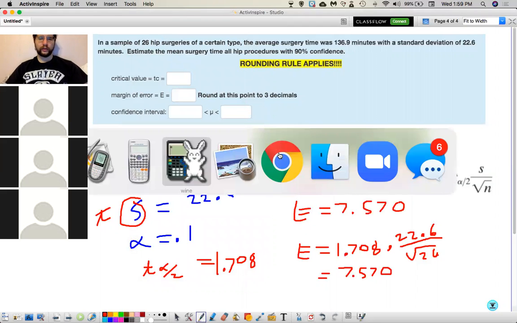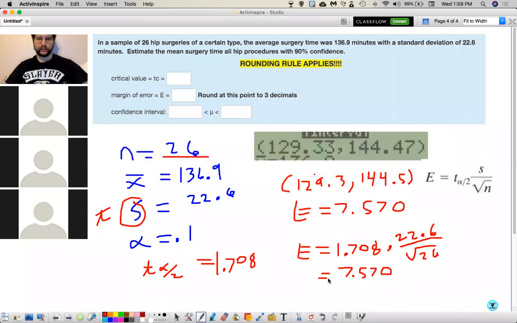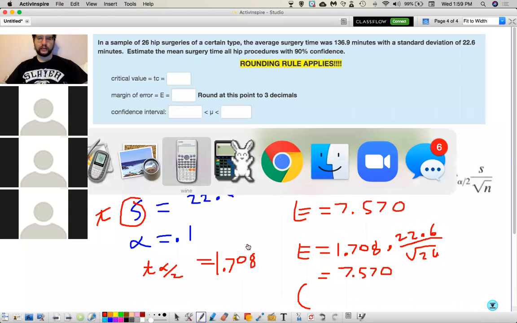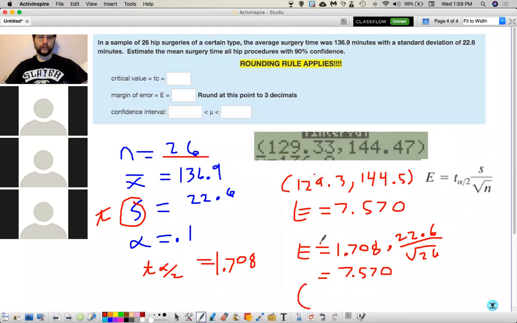Then if you remember your formula, we're going to subtract the error from the sample mean and add the error to the sample mean. That's our interval. So I'm going to store that to A. Then 22.6 plus, well, actually, I'm doing the minus first. Minus A. And that gives me, well, that's because I'm an idiot.